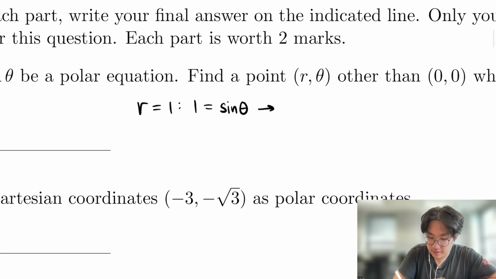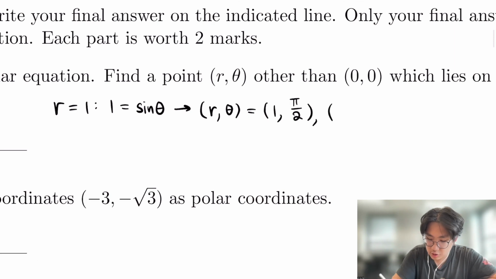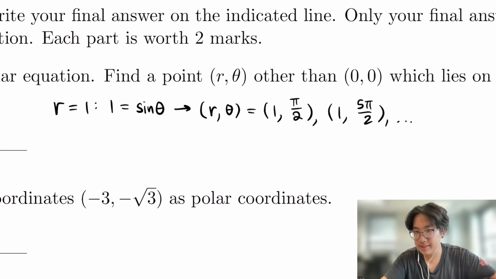Then you have your r, theta: r you fix to be 1, so you have 1, pi over 2. Add 2 pi to pi over 2, you get 5 pi over 2, and you can keep going on like this. All of the answers are valid. You're just looking for one other point that lies on the curve.